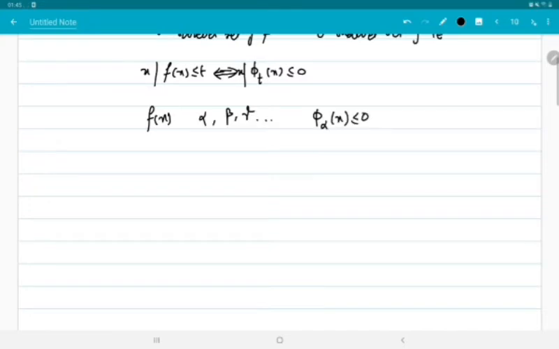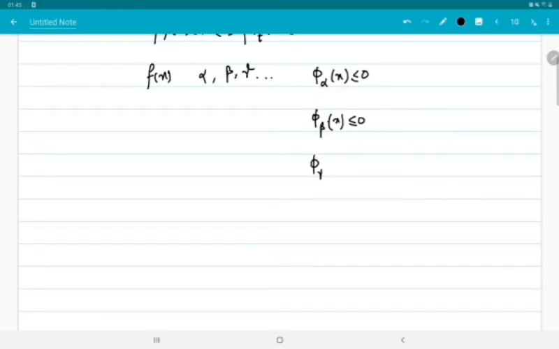This phi alpha x less than equal to 0 is the zero sublevel set of phi alpha. Similarly I take other zero sublevel sets, phi beta and phi gamma and so on. So this is the entire family of convex functions I'm using to represent the quasi-convex function.